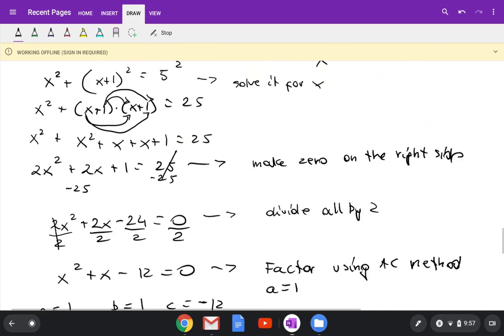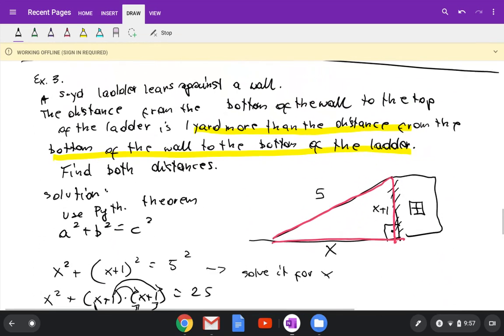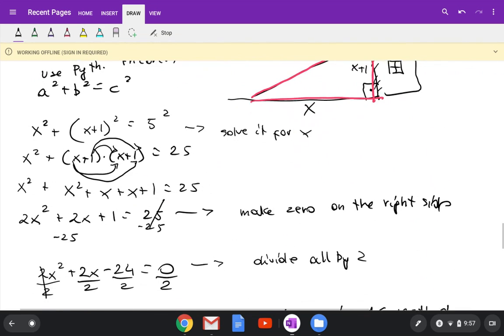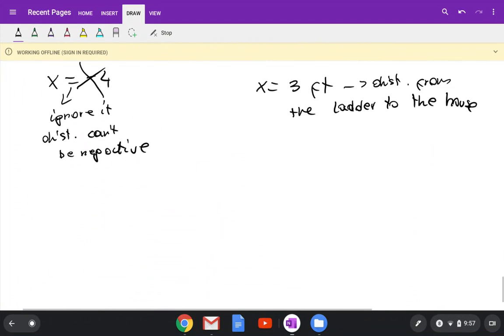And next, to get the second distance, the distance from the bottom of the wall to the top of the ladder, which is right here, it's going to be x plus 1. So x plus 1 is equal to 3 plus 1, which is equal to 4 yards.